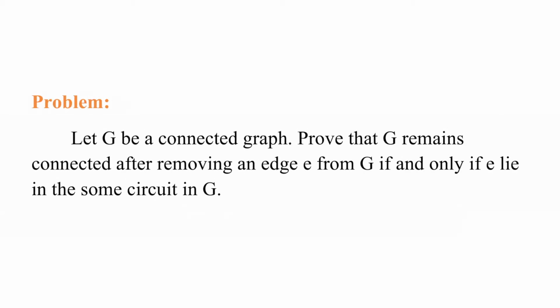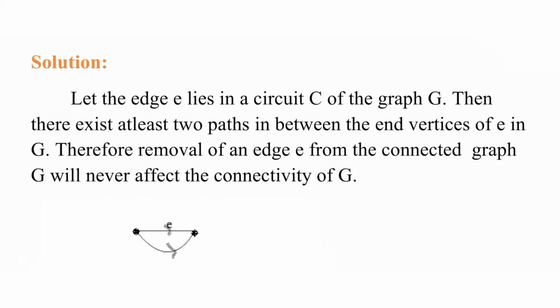The next problem: let G be a connected graph. We are going to prove G remains connected after removing an edge e from G if and only if e lies in some circuit in G. We shall see the solution now.